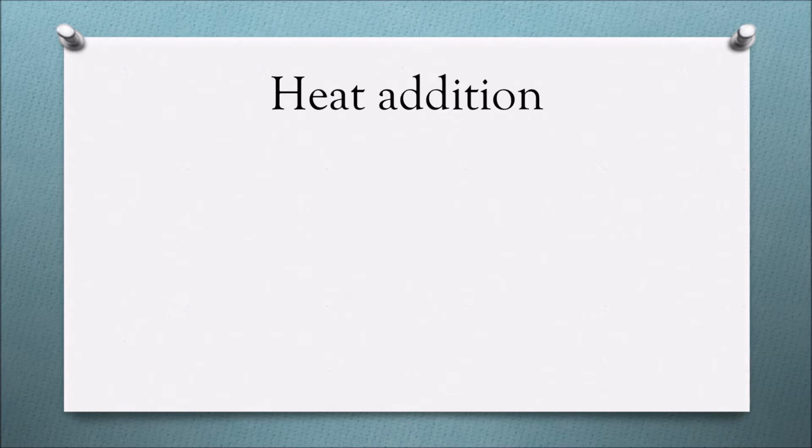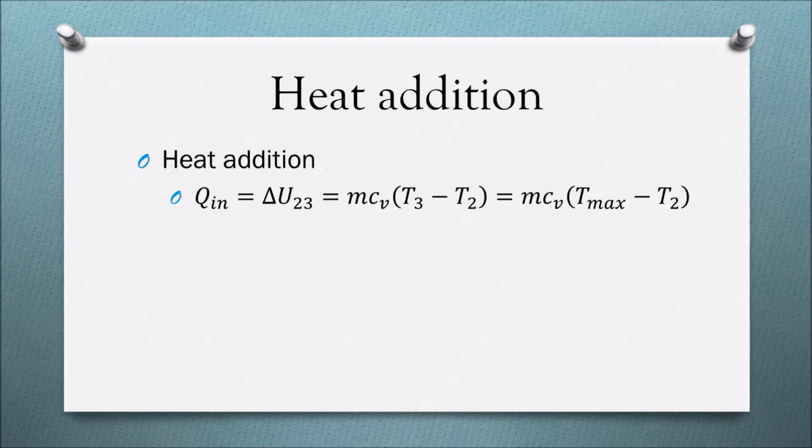As I showed you in the previous lecture, the heat addition can be expressed by the change of internal energy between state number 2 and 3, as there is an isochoric process in a closed system. In this formula, we only know the temperature of state number 3 as it equals the highest temperature value. State number 2 is right after the isentropic compression, which has known starting temperature.